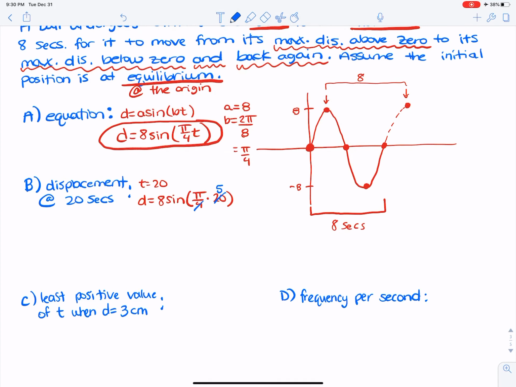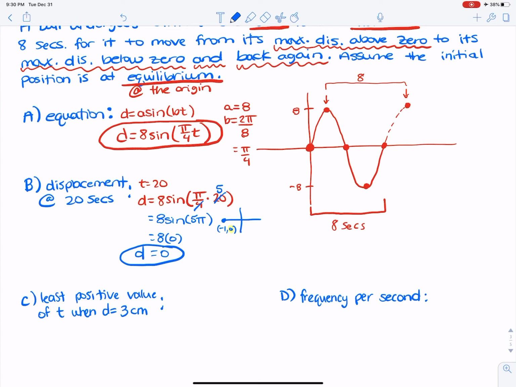Cross simplify. So this is 8 sine of 5 pi. On the unit circle, 5 pi is at the 180 degree mark, and that is -1, 0. And the sine is 0. So 8 times 0 is 0. D is 0. It's back at equilibrium.